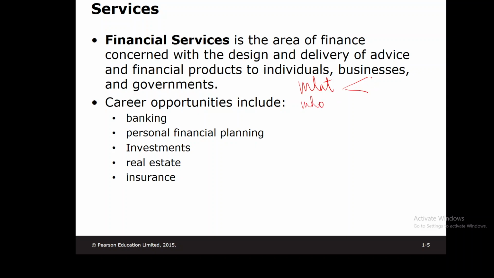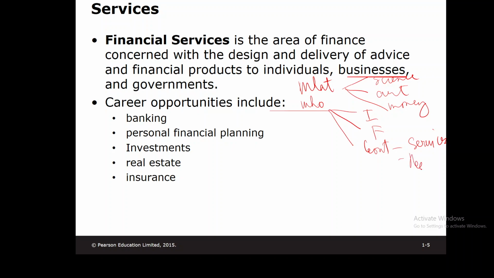The what: you're looking at science, art, and money. Then we looked at the individual and the business firm. Now on this page, we're looking at the government because they provide services.